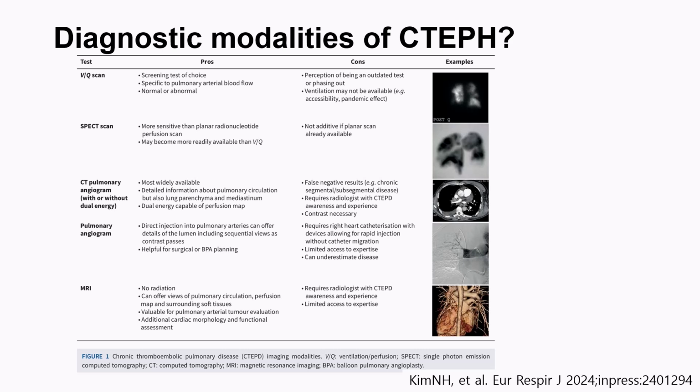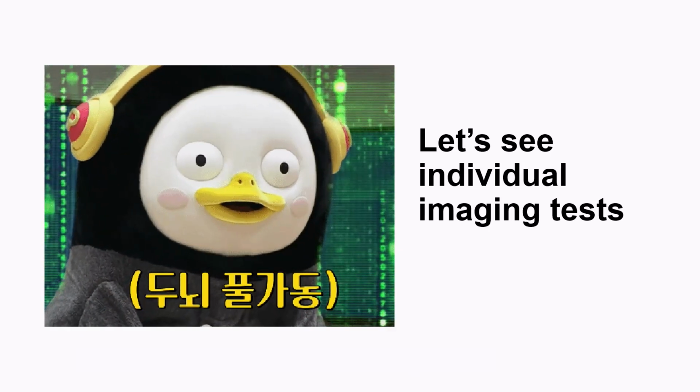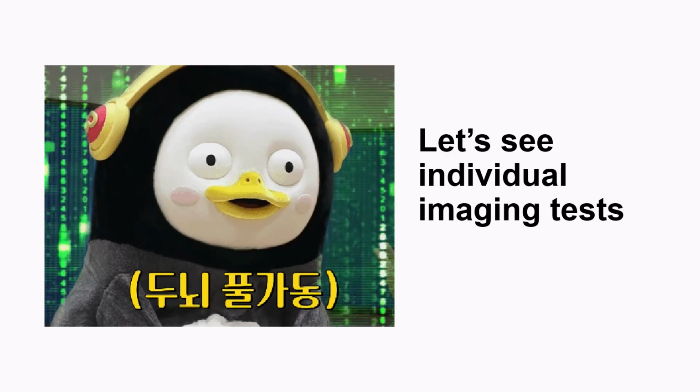Although CT pulmonary angiography is the most widely available test and shows detailed information about the pulmonary circulation, lung parenchyma, and mediastinum, it has false negative results, requires a radiologist with CTEPD awareness and experience, and needs contrast and radiation. Let's see the individual imaging tests.